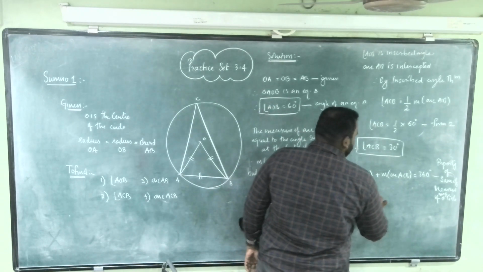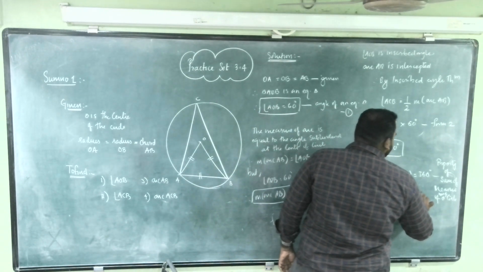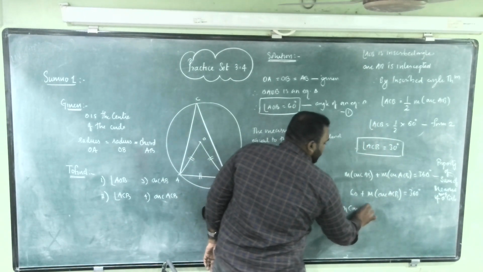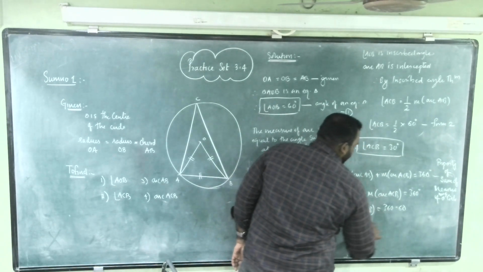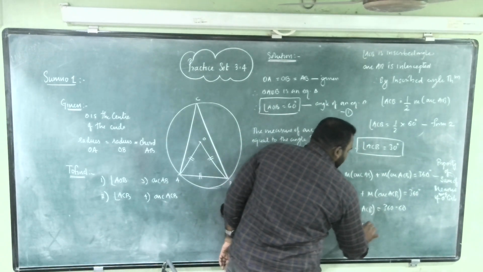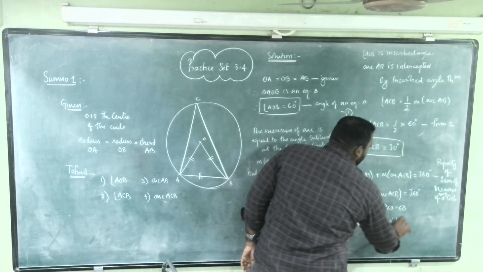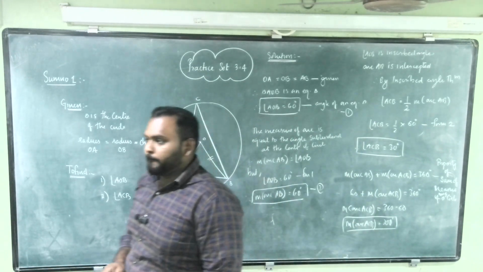So 60 plus measure arc ACB will be equal to 360 degrees. So the 60 goes from this side to that side. So measure arc ACB will be equal to 360 minus 60 degrees. So what does measure arc ACB come to? 300 degrees. Understood?